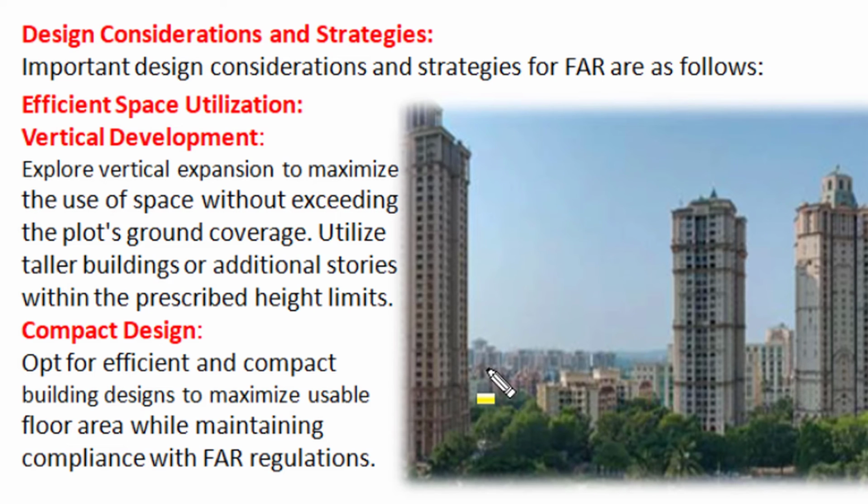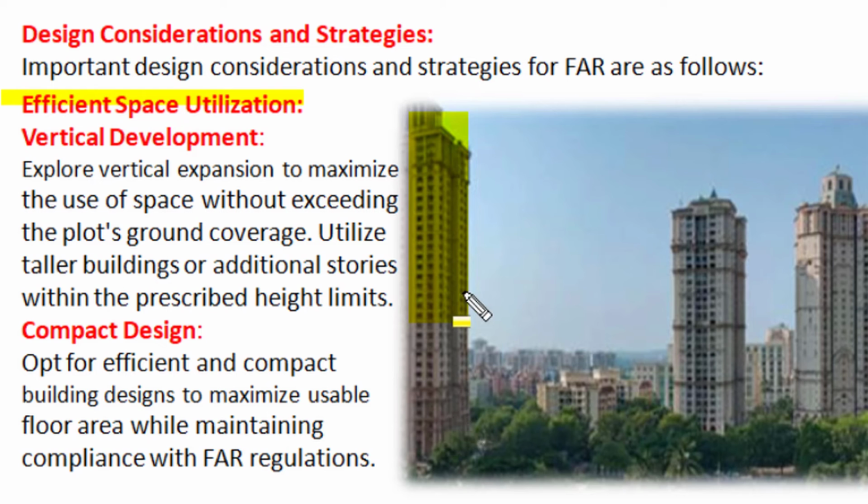There are some important architectural design considerations and strategies for FAR, and one of those is efficient space utilization. For that we should encourage vertical development, and for better open space conditions explore vertical expansion to maximize the use of space without exceeding the plot ground coverage.